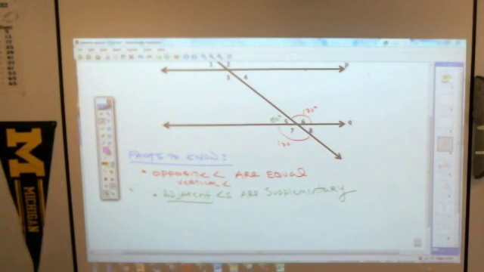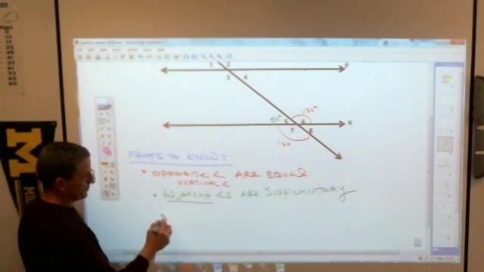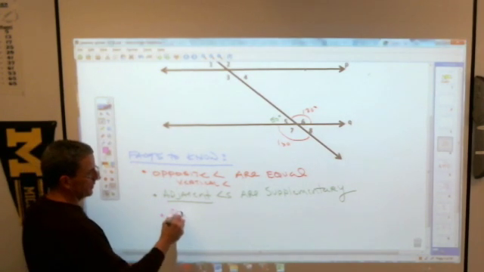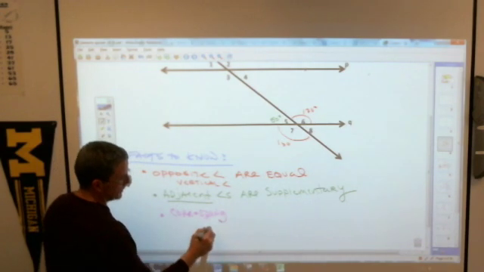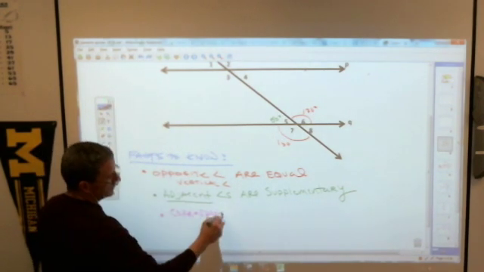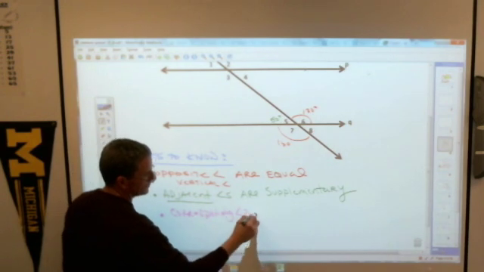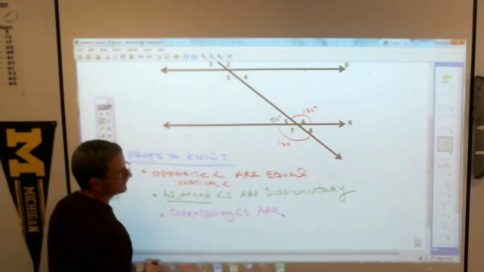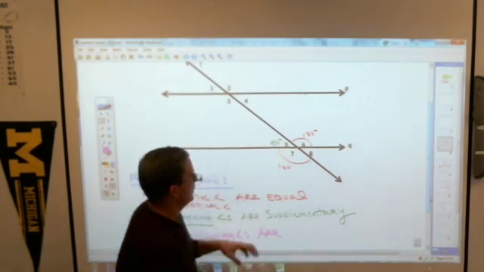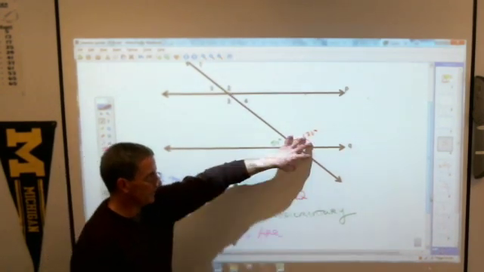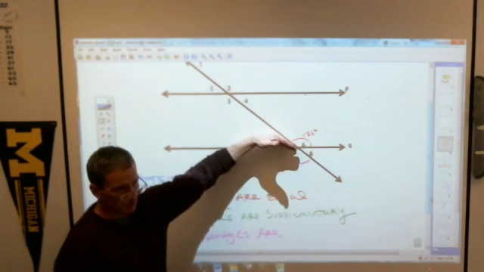Oh, here we go. I don't know if we said this before, but corresponding angles are... now remember what we said corresponding angles were. That was the thing where if you pull this up off the paper and put it back on top of this, they're the ones on top and bottom of each other.